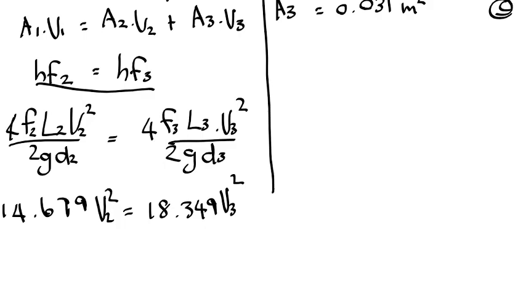Divide by, in brackets, your 2 times 9.81 times D2, which is 0.25. And you will see you get to 14.6788. So you round it up to 14.679. Okay, so when you've done that, store those values as well.